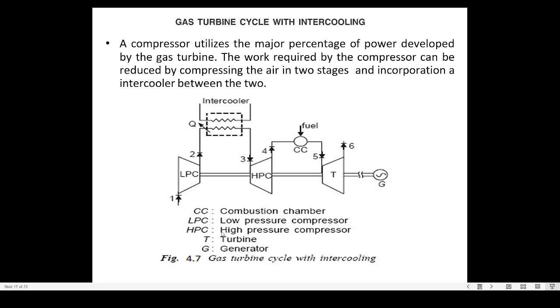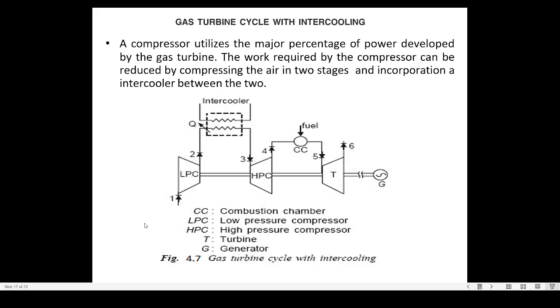HPC is the high pressure compressor. T is nothing but the gas turbine. Then G is a generator. And here we have a CC, which is the combustion chamber, right?